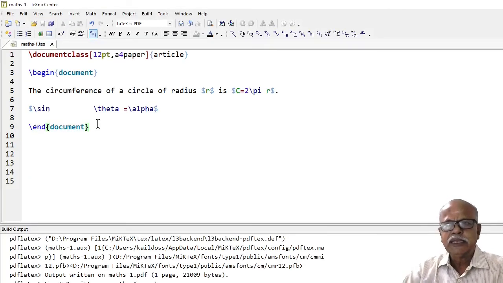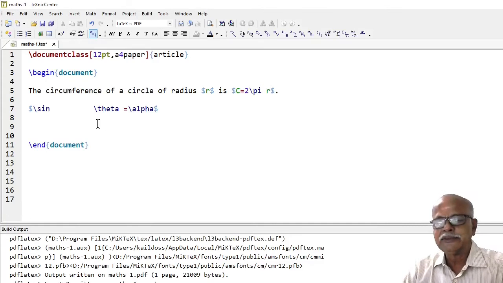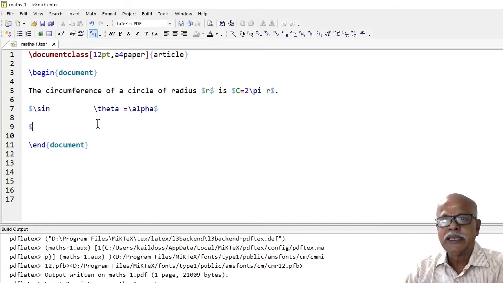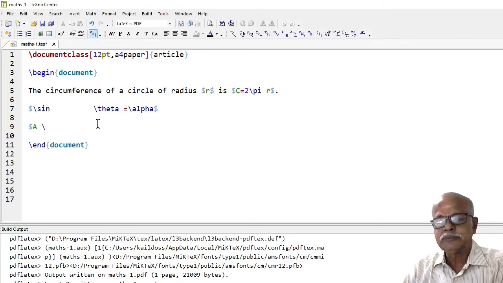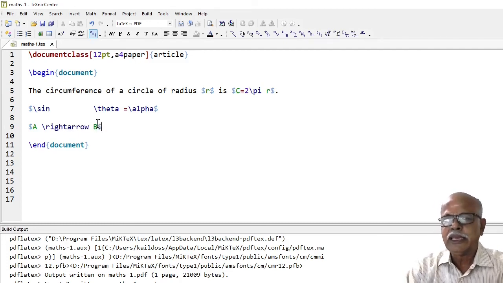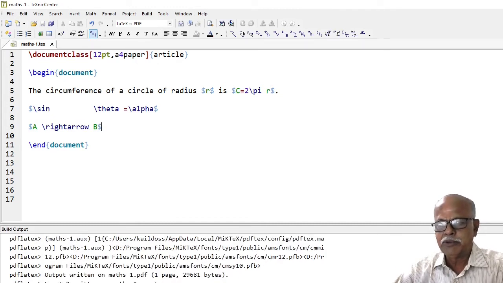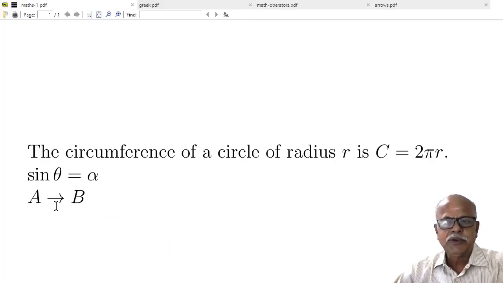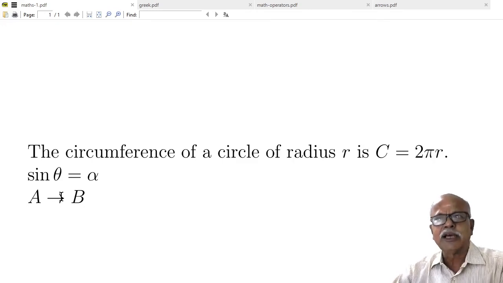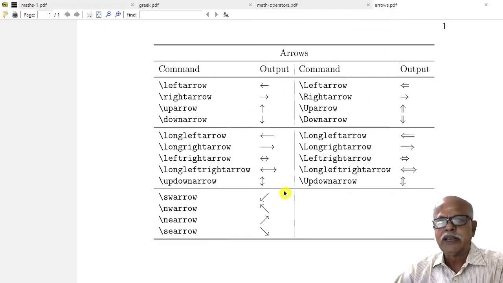Now, suppose you want to say A right arrow B. You get this. All right. There are other arrows available in LaTeX like this.